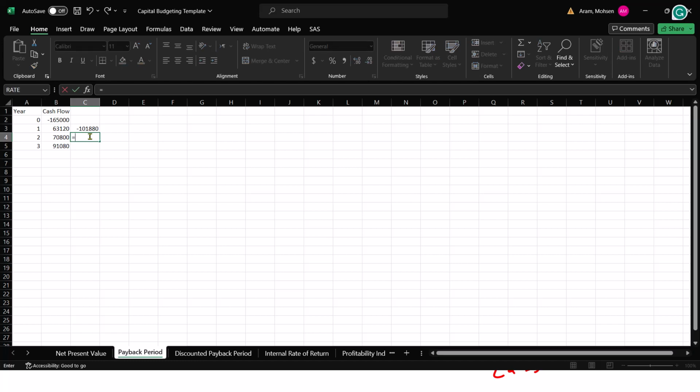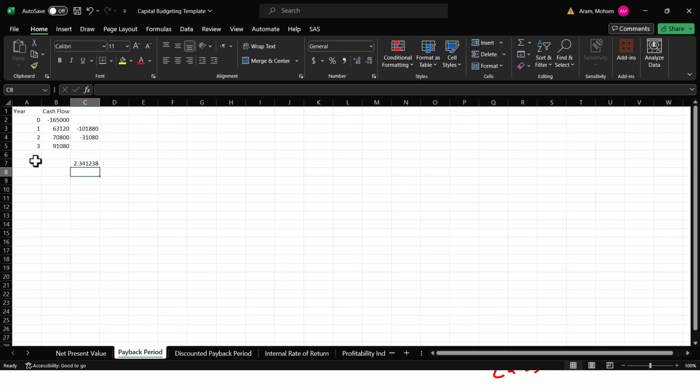So we do one more remainder plus the next year's cash flow. And since we don't need all of the remainder, all we need to do is just have 2 years plus the absolute value of the ratio of the remainder over the third year cash flow.